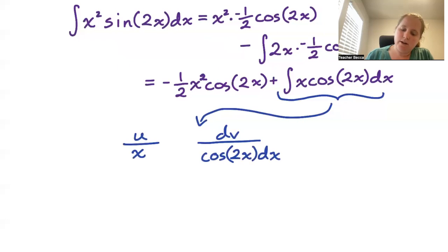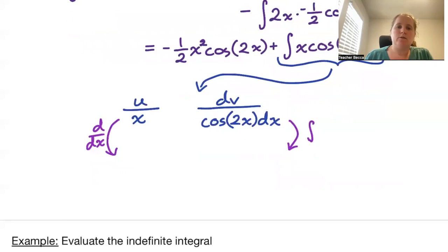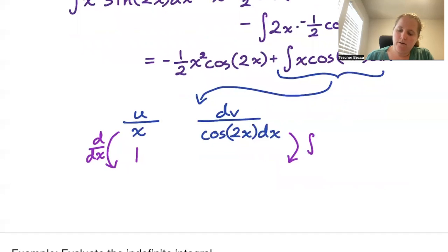Again, we differentiate on the left. We integrate on the right. So x goes to 1. Cosine of 2x, integral of cosine is a positive sine. Then of course we have our 2x inside, and to undo that chain rule, we have to do 1/2 out front.